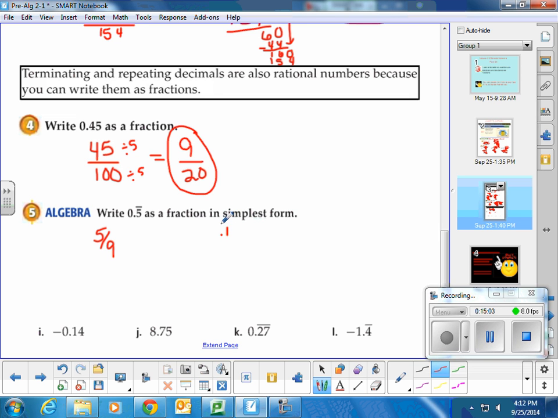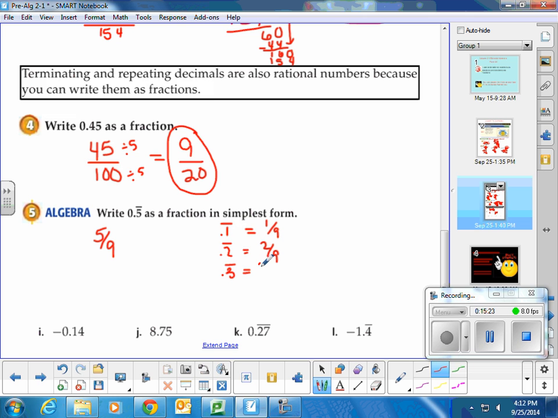0.1 repeating, I'm going to tell you, is 1/9. 0.2 repeating, we saw earlier, is the same thing as 2/9. Many of you have already seen before that 0.3 repeating is 1/3.